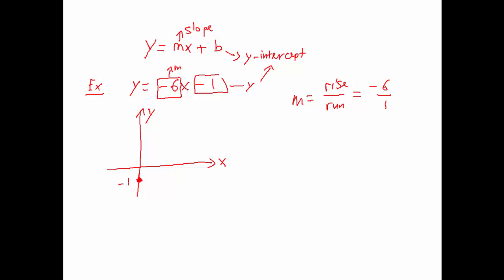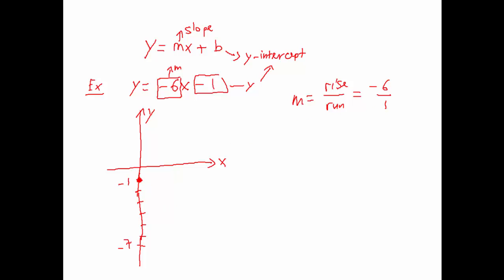So negative 6 here tells you that you need to go down by 6 units, and you go to the right by 1 unit. So from negative 1, you go down by 6 units. 1, 2, 3, 4, 5, 6, which is negative 7. And then you go to the right by 1.